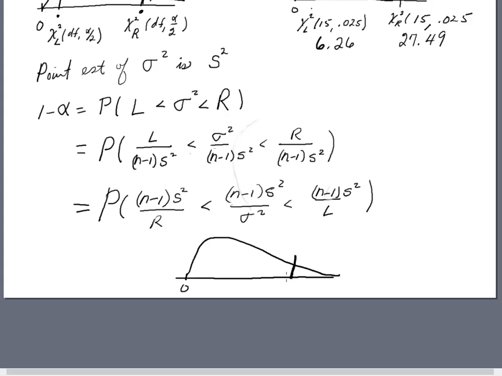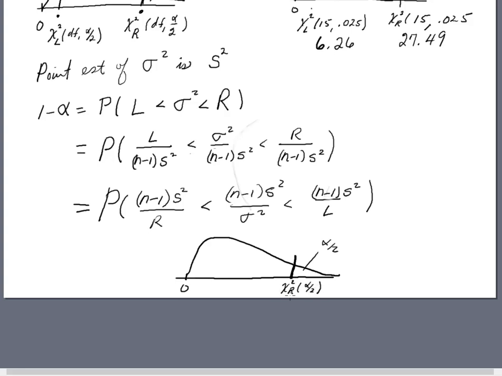We'll just do the upper boundary that cuts an area of alpha by 2 in the upper tail, and we've learned to call this chi-square. It's on the right-hand end, so we'd put a little r right there, and then how much area? Well, alpha by 2.